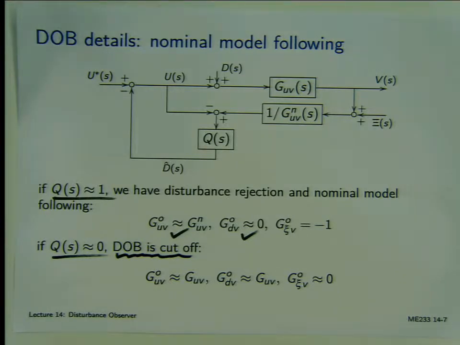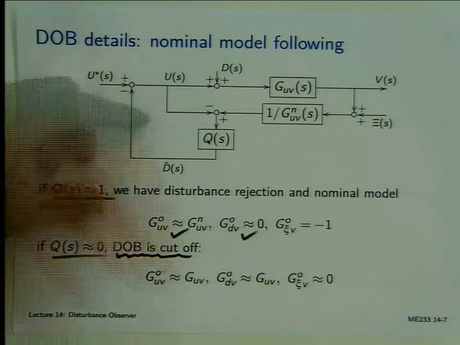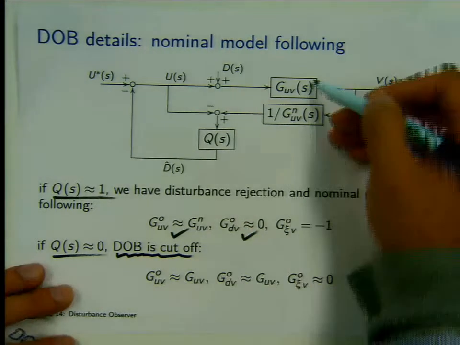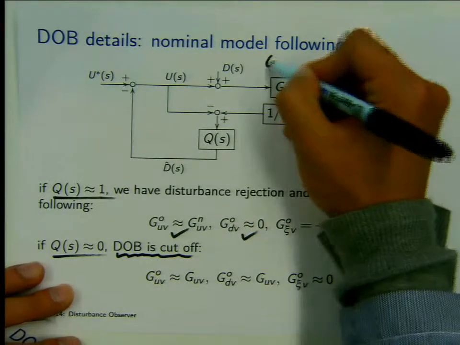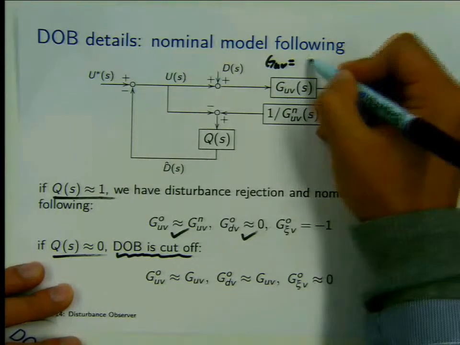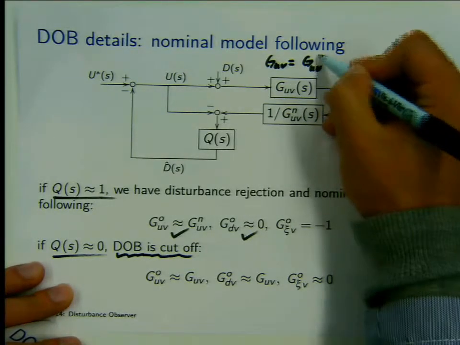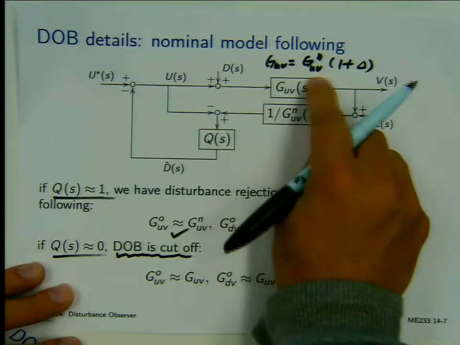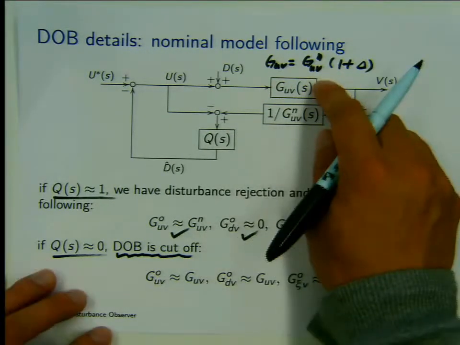So let me come back here. Now you have realized that one of the benefits, just looking at these results, is that your actual system, GUV, might be containing plant uncertainties. So it's different from GUV naught, GUVN, nominal.